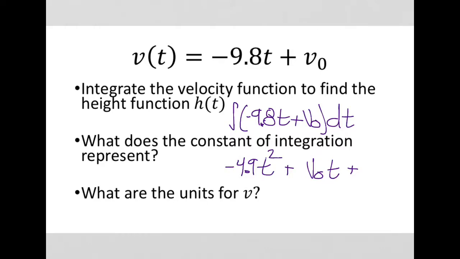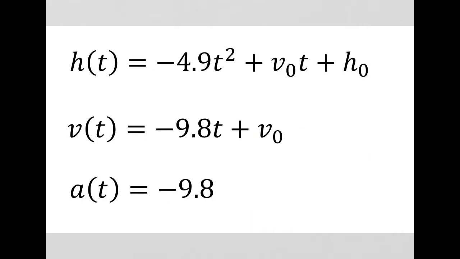But if we're talking about the constant of integration for a height function, we're talking about the starting height right there. And so this is our generic height equation that we've seen before, so this should be familiar. But again, keep in mind this is talking about meters as our units there. Now, that's our basic relationship there. We can differentiate to get down, and we can integrate to get back up.